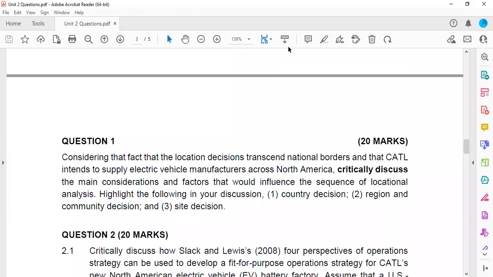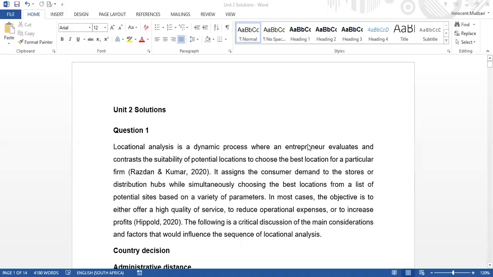I know that you have the question paper, so let me share the solution paper that I have here. When you are answering these questions, usually if it's an essay question of 10 marks or more, you need to have your introduction. We'll cover this more when we go through your assignment. Today is just an overview of what we do.